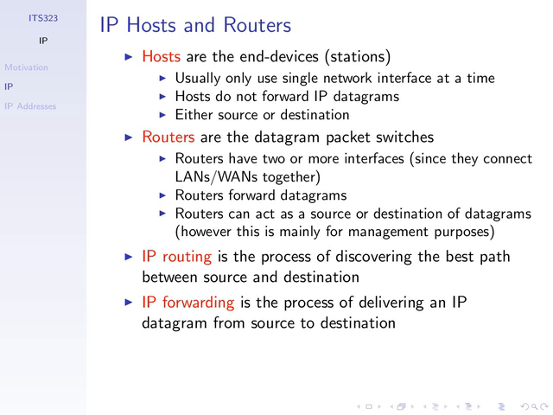Let's look at the differences between the types of devices. A host, an end user device or a station, normally uses only one interface at a time. My laptop would be a host on the internet. I'm currently connected to the wireless of SIT, the wireless LAN, so I'm using my wireless LAN interface. Normally on your end user station you only use one interface at a time.